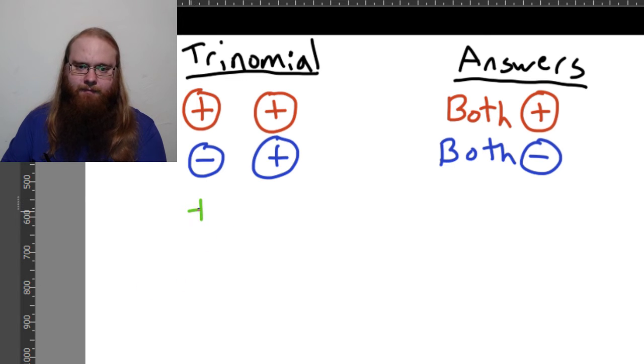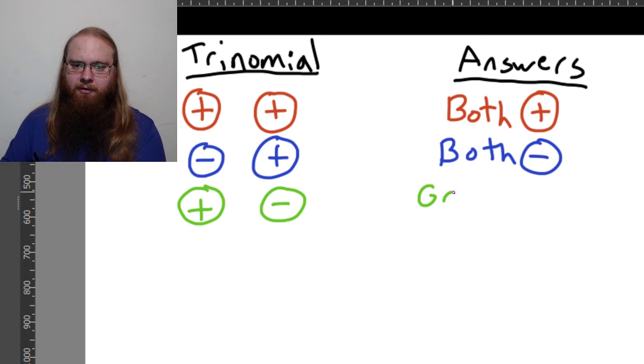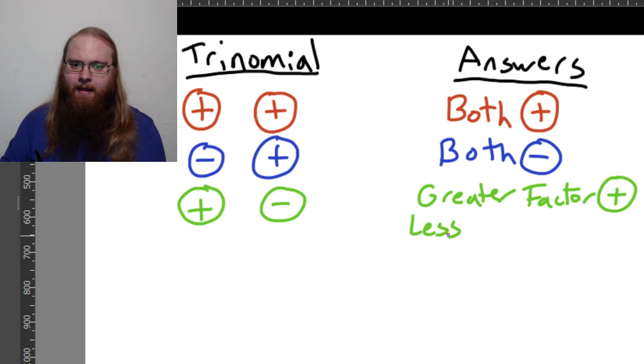Part 3 told us if we have a positive middle number and a negative last number that our greater factor would be positive and our lesser factor would be negative.